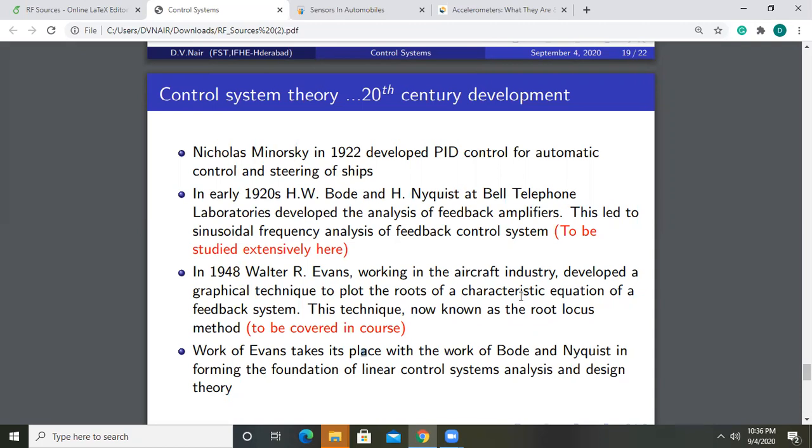So this technique allows us to analyze system stability and its behavior in time domain, whereas the earlier two techniques of Bode and Nyquist allow us to study the system performance in frequency domain.